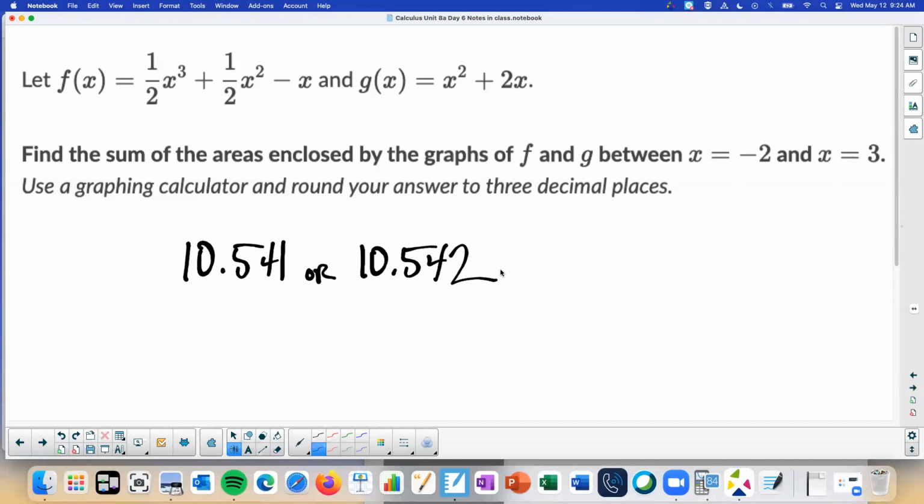Anybody else get something different or the same? Same. Okay, so we've got another check. Are some of you just this slow at typing in, which is okay. Good to know for the test at least.